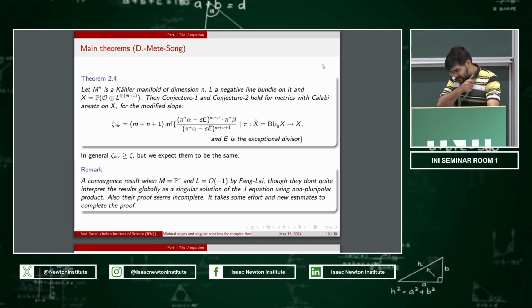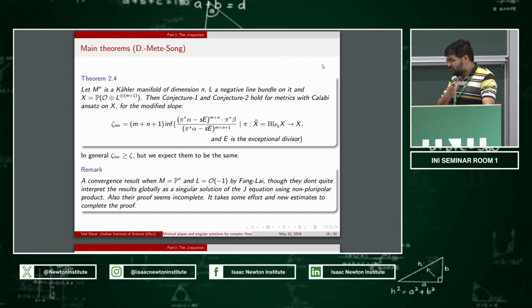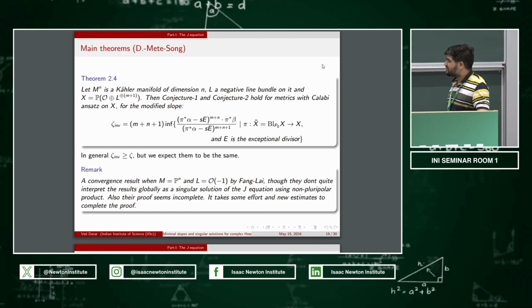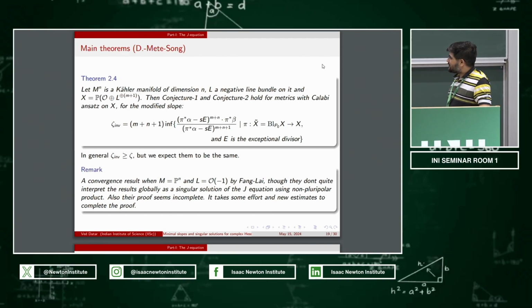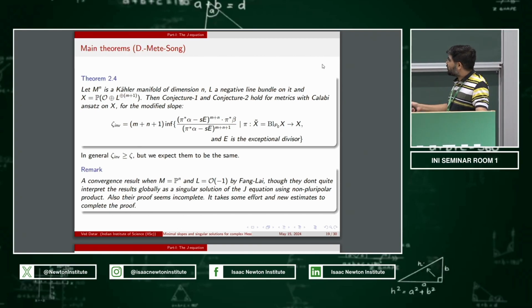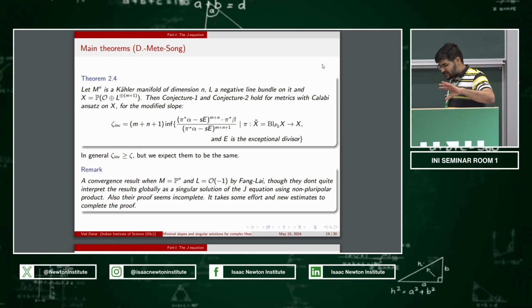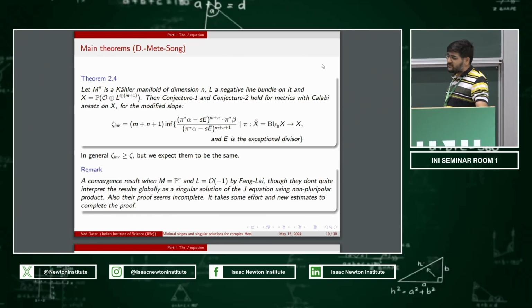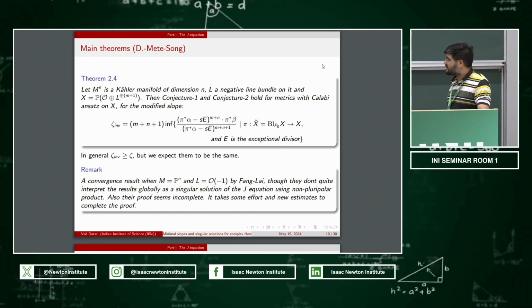Although I should say that their proof seems a bit incomplete. At least we are not able to understand the proof, and so in order to convince ourselves, we had to give an alternate proof of their theorem. It still follows by and large the template that they follow, but it requires some new estimates to complete the proof.